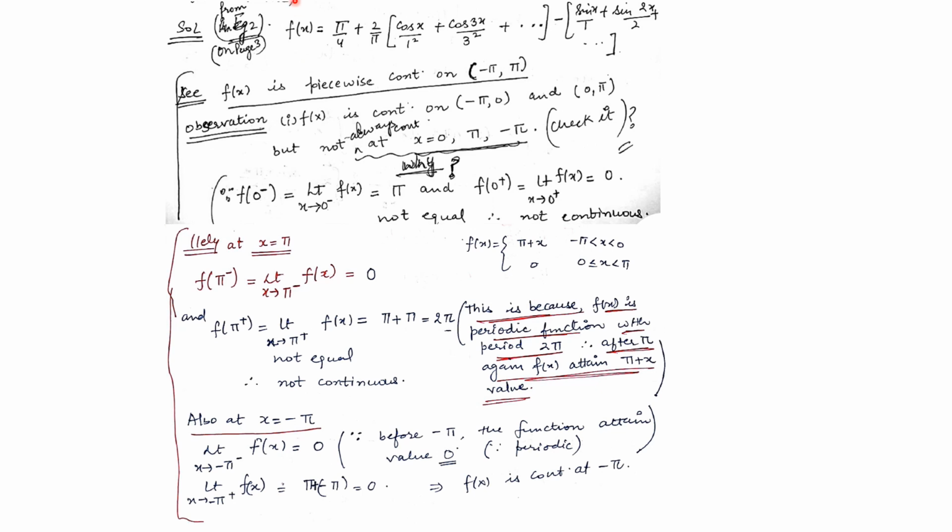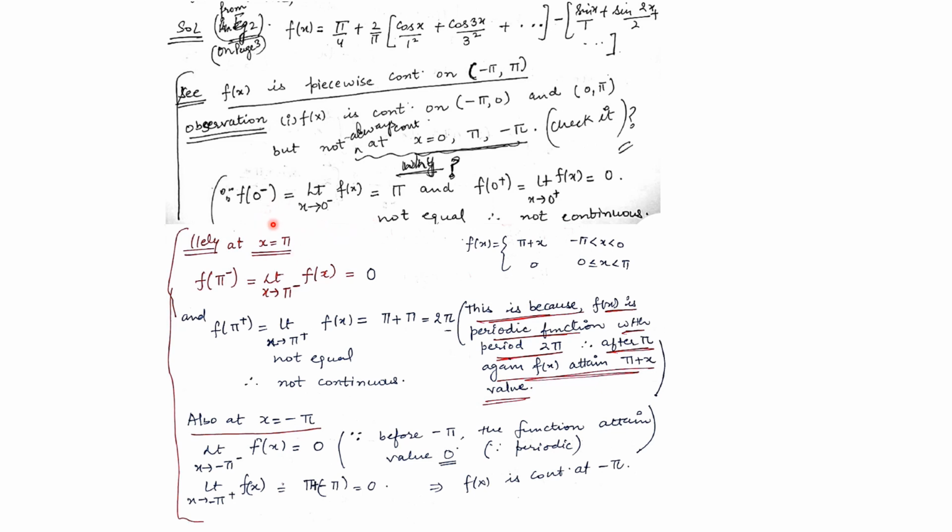However, our function is not continuous at 0. That's why the series at 0 is converging to the mean value of the function at 0: the left limit plus the right limit divided by 2.